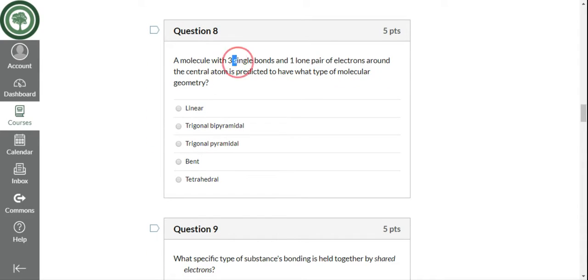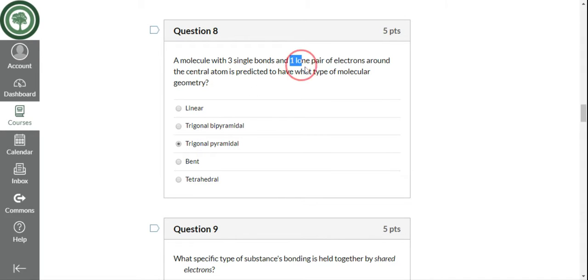A molecule has 3 single bonds and 1 lone pair. What is it predicted to be? So again, as opposed to just giving a chemical formula, this just says 3 things are bonded, 1 lone pair. With 3 single bonds, and again, it wouldn't really matter if it was single or double, all that matters is with 3 things bonded, it's going to be one of the trigonals, which this one doesn't even have trigonal planar as an option.